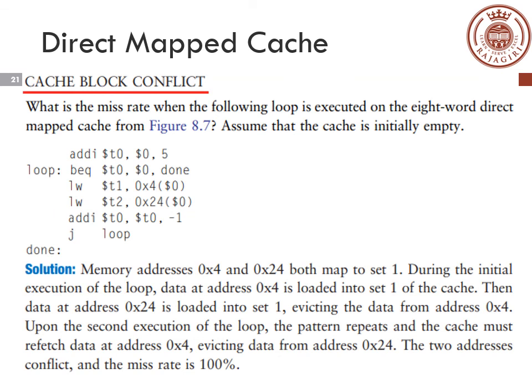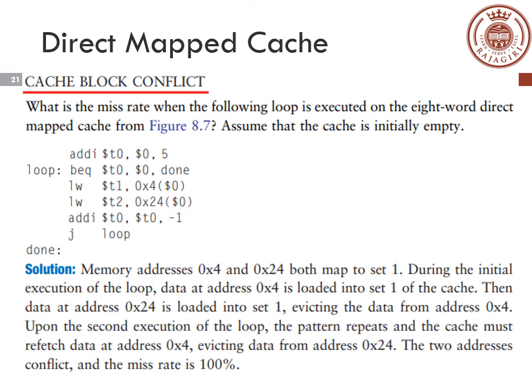Now we'll see an example of a cache block conflict with respect to the previous diagram, and you are going to find the miss rate. You can see a program written over there. This program is performing an operation in a loop. In the loop, the first instruction is BEQ, leave that.